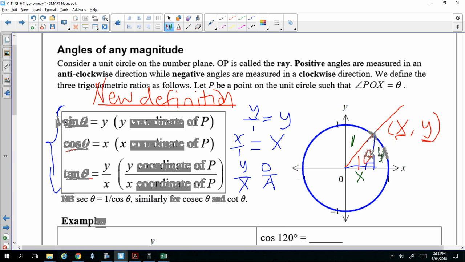And if I know x and y, I can work out sine, cos, and tan. That's why we have a new definition: on a circle, I can draw a ray anywhere, and anywhere I draw a ray, I get x and y. We're going to use this definition to work out some ratios, so we're going to do an example.